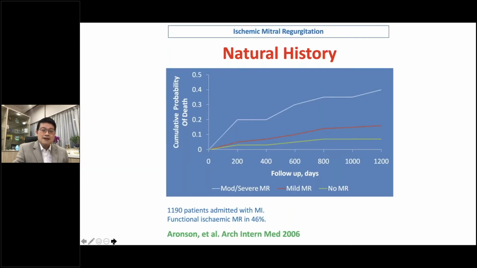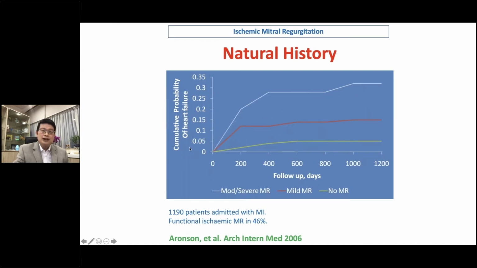So if we look at the natural history of ischemic mitral regurgitation, we see that patients with even mild degrees of mitral regurgitation have an increased probability of death compared to those who have no mitral regurgitation. And obviously, if they have moderate or severe mitral regurgitation, then they have a significantly increased probability of death, and also an increased risk of heart failure admissions if they have more than mild ischemic mitral regurgitation.